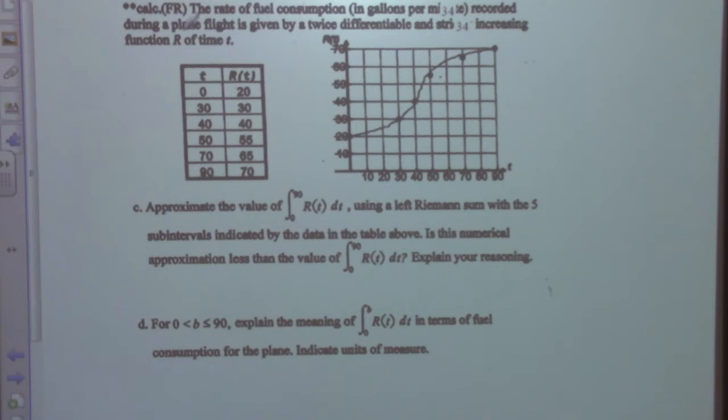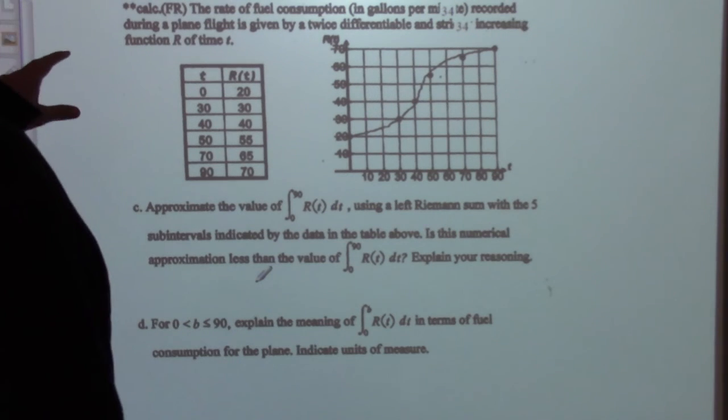Why are we not, in this problem right here, going to be using equal width rectangles? Let's look over here.